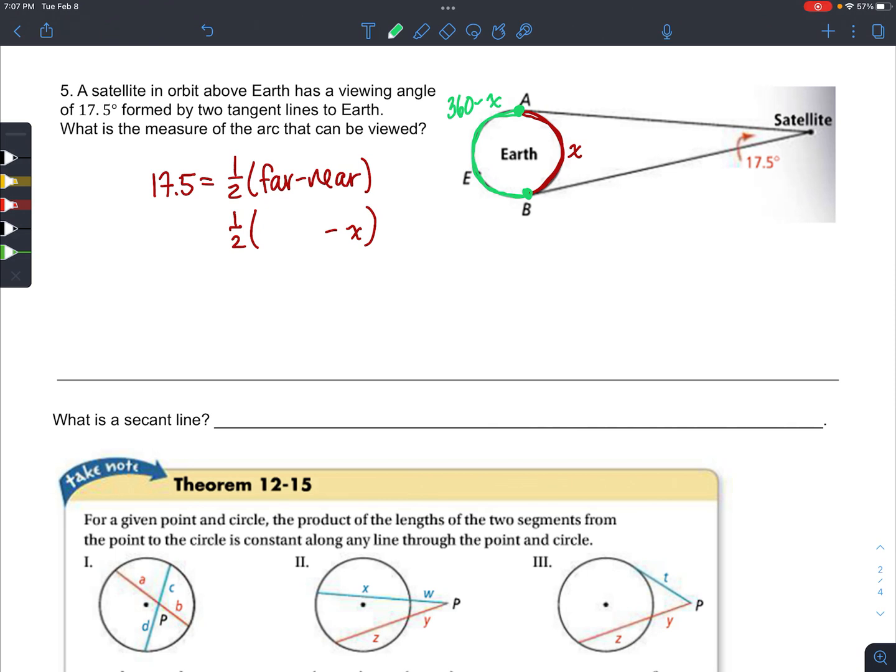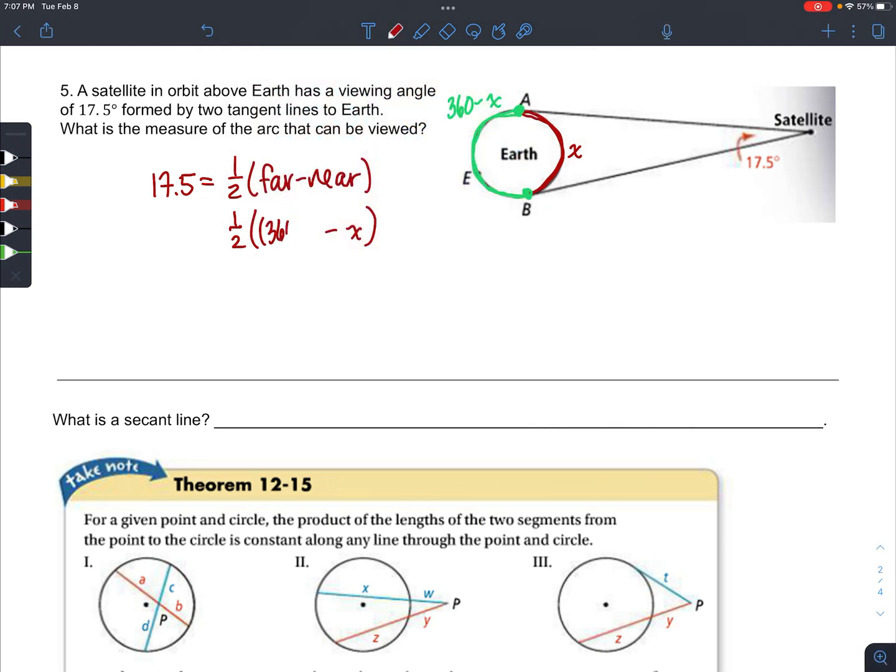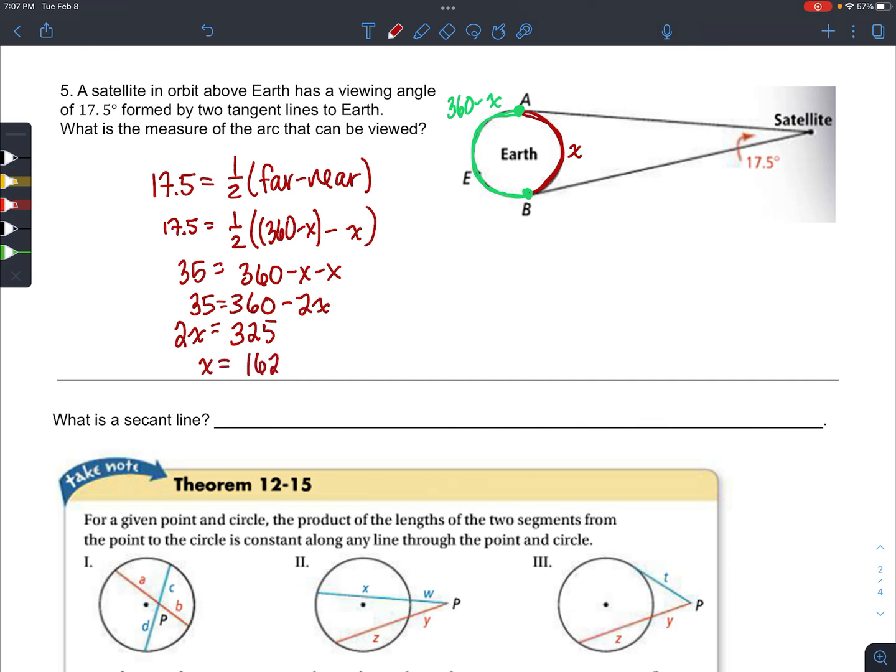Say X is 140, then the green should be 220 to add up to 360. So that is what we're going to plug in here for far. I'll multiply both sides by 2. Combine like terms. Subtract that over maybe, and move this over here. And we get, I think it was 162.5 degrees.